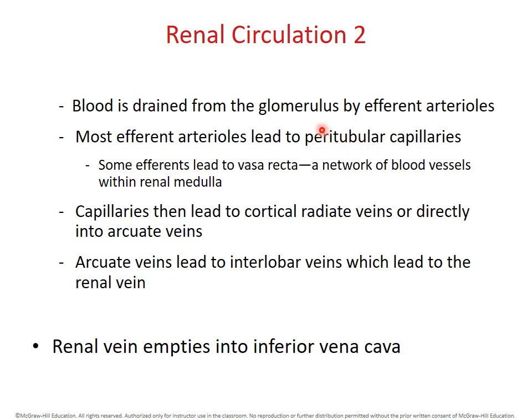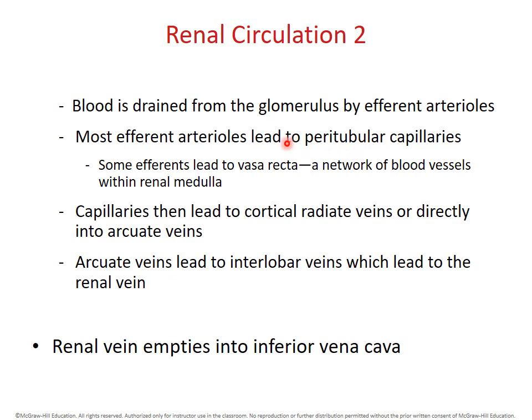And through most of its length, that nephron, the tube of the nephron, is surrounded by a capillary bed. And so peritubular capillary bed refers to the fact that this capillary bed is surrounding and is in intimate contact with the tube that forms the nephron.